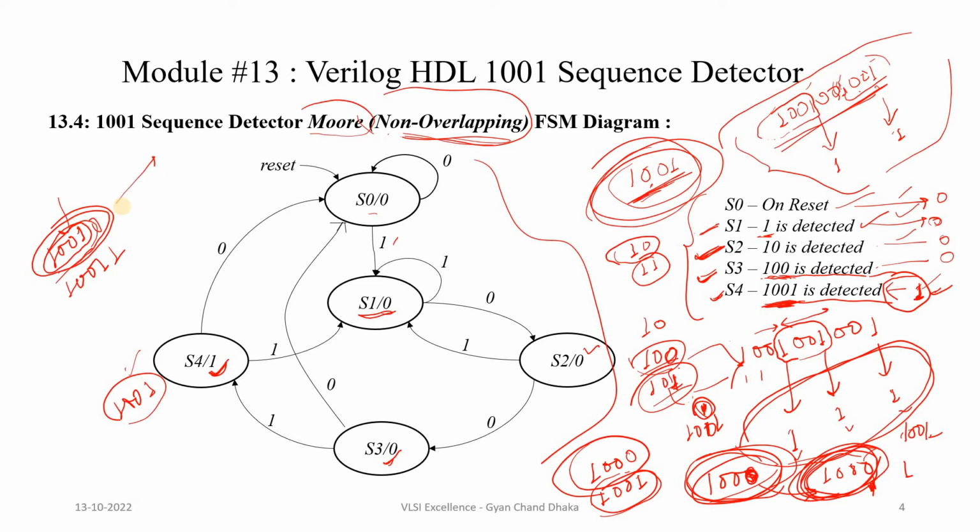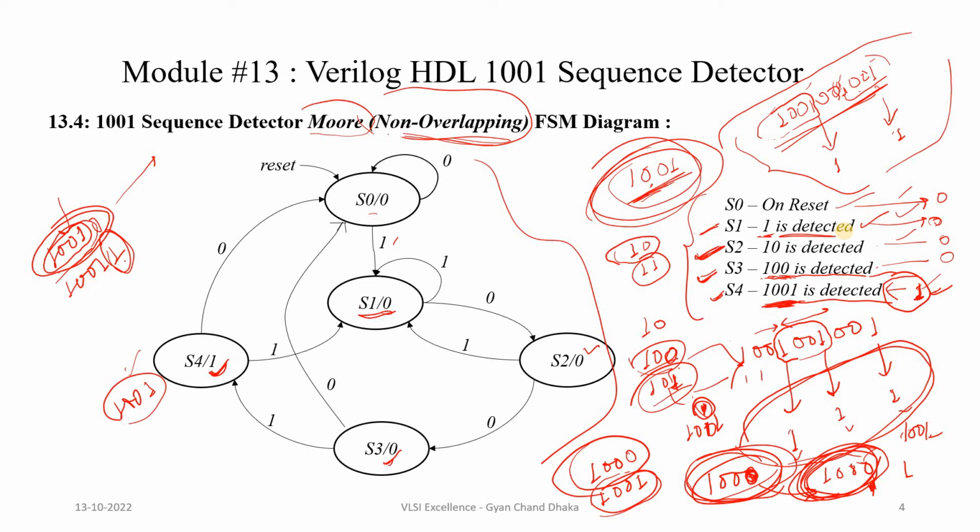So if the next bit is 0, we have to go to our S0 state. But if the next bit is 1, that means this bit, the fifth bit, can be part of our next sequence in the non-overlapping case. So we are going to be at state S1, which is nothing but 1 is detected. So guys, I hope the state diagram of this 1001 sequence detector using Mealy machine and with non-overlapping concept is clear to you.